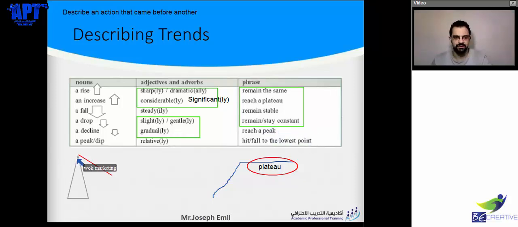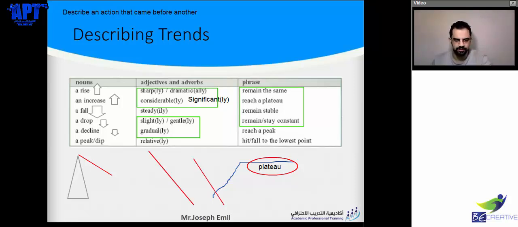Reach a peak is this one, of course, and hit the lowest point is an inverted peak. So this is the peak and this is the lowest point. This is a cone. You know what I mean, okay? This is the lowest point.